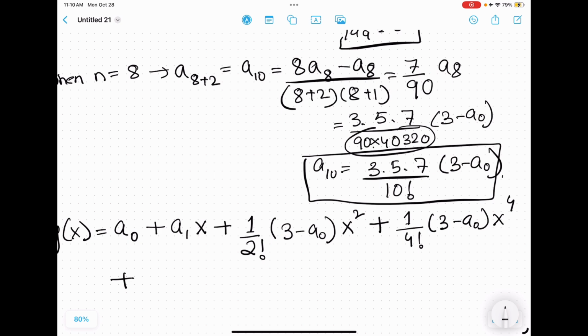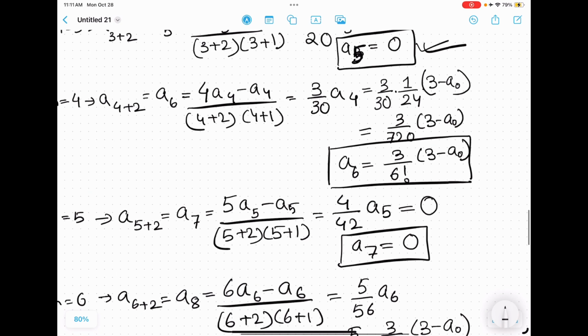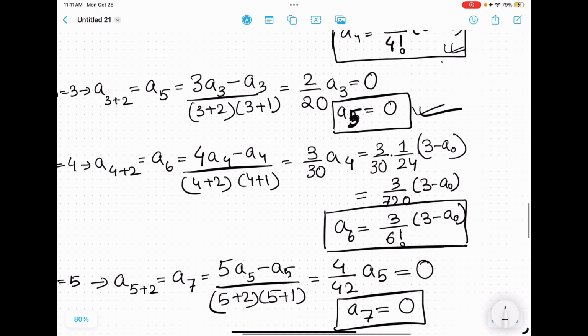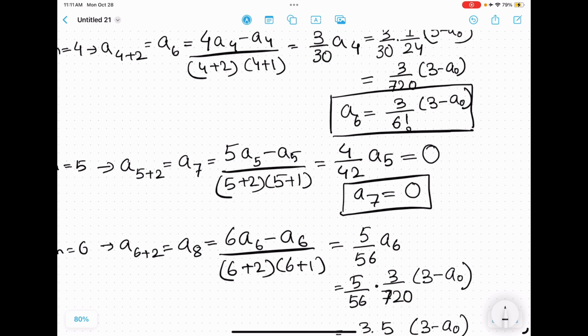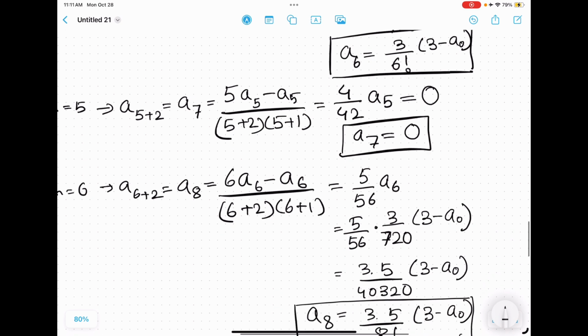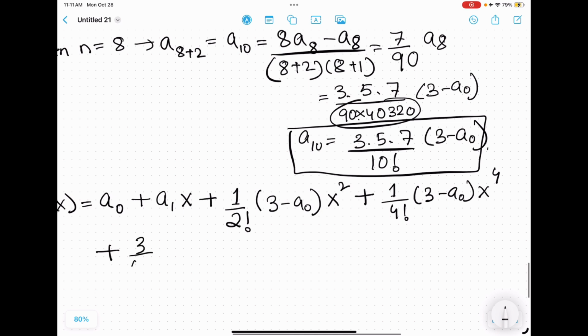And then I've also found that my a sub 5, so basically every alternate odd number, they are 0. And then I have my a sub 6, which is 3 by 6 factorial. I'm going to write that. So I have 3 by 6 factorial, 3 minus a sub 0, x to the power 6.